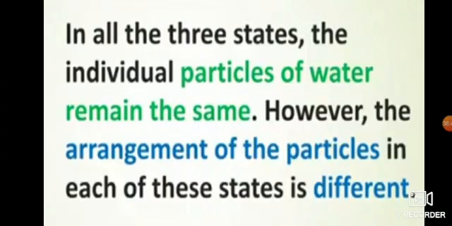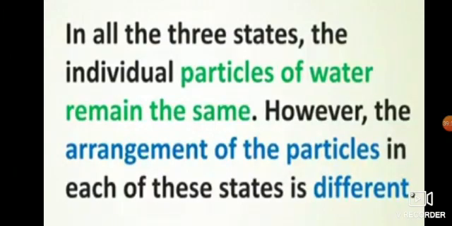Now we will see how. So how exactly is it? As I told you, in all the three states, the individual particles of water remain the same. However, the arrangement of the particles in each of the states is different.